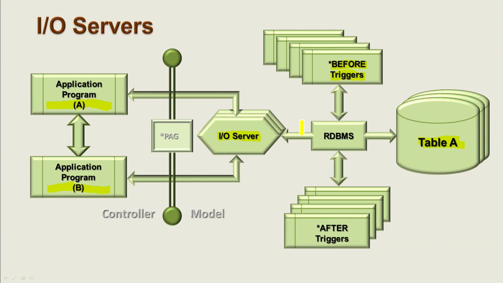Which means that if anybody tries to access your database through an alternative SQL client, they will get rejected as not being authorized. The only thing that can access the table is the I/O server. But the I/O server has to be properly called from within an application program. The I/O server has a public *use, and it has to have an application program calling it and passing it the correct parameters.